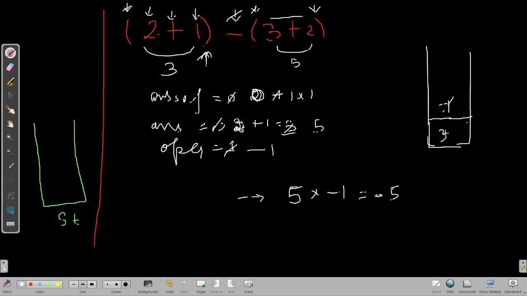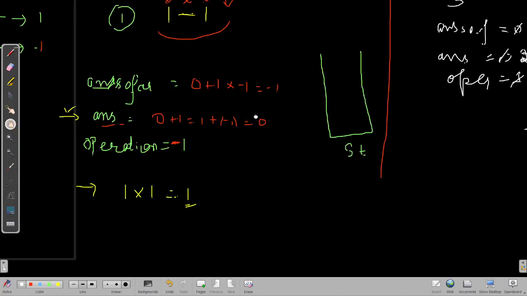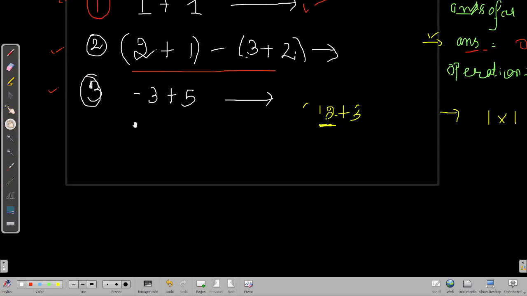After that we have to pop this, and -5 plus 3 is -2, and we successfully calculated -2, because 2 plus 1 is 3 minus 5, which is -2. And the last thing that we have to think about is -3 plus 5.